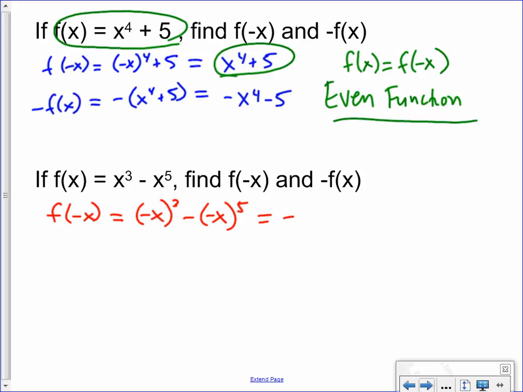Negative x to the 3rd plus x to the 5th. True? Okay. All right. Versus negative f of x. So the negative of that function, aka the negative of x cubed minus x to the 5th.